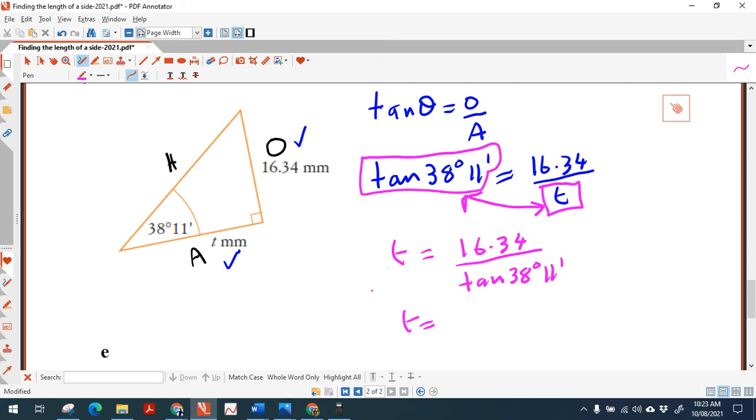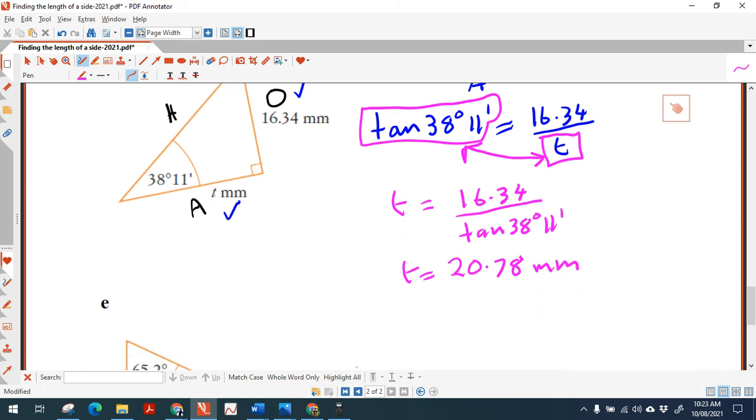Now make sure you put the correct units there, which is millimeters. And we should use the approximation symbol, of course, because this is rounding.